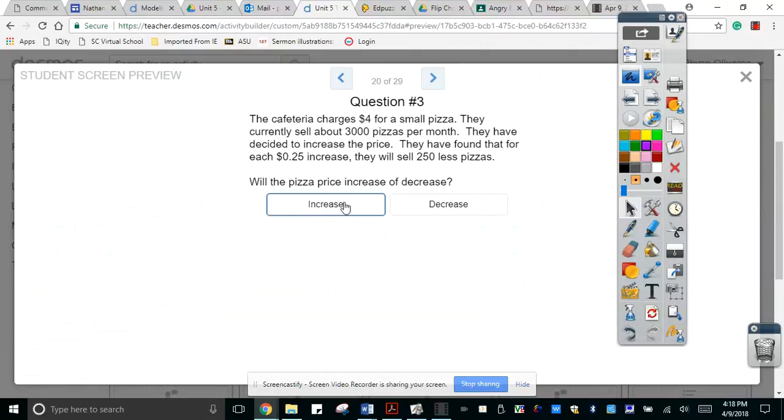Will the price increase or decrease? They have found that for a 25 cents increase, so it has to be an increase there. With the price increase, the sales will decrease, so I'm going to hit the decrease portion here. Write the equation.